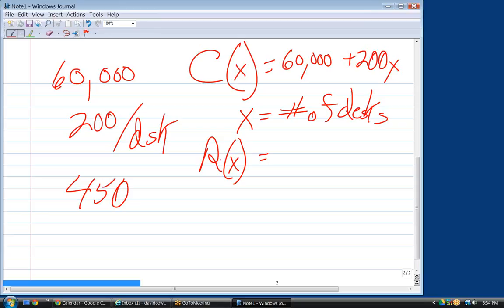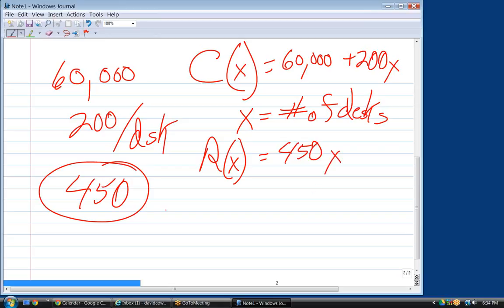The 200x minus 450, that's part of the cost. Our revenue is only a function of what we sell each desk for. So the revenue function would be 450x.